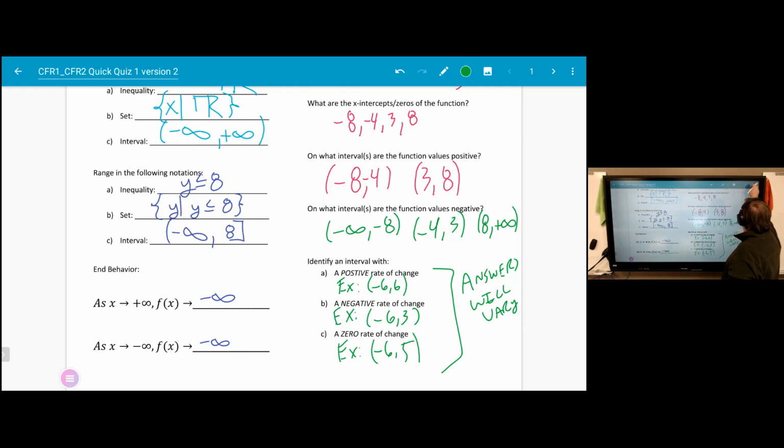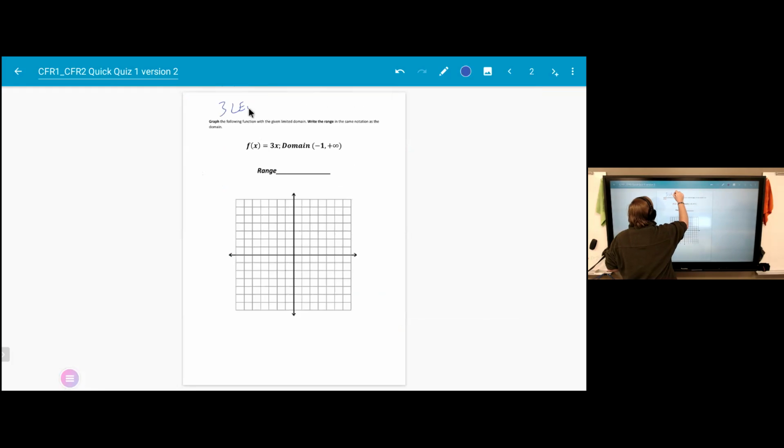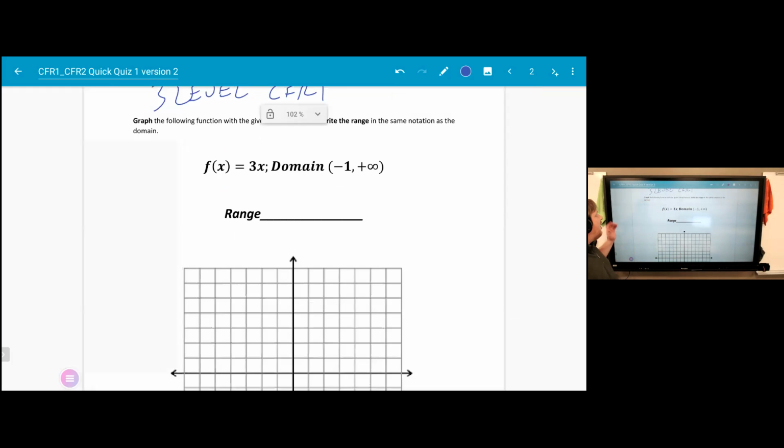All right, let's do everybody's favorite, which is the 3 level. Again, this is 3 level for CFR1. And this says graph the following function with a given limited domain. Write the range in the same notation as the domain. Well, in this case, this is linear. This is a line.